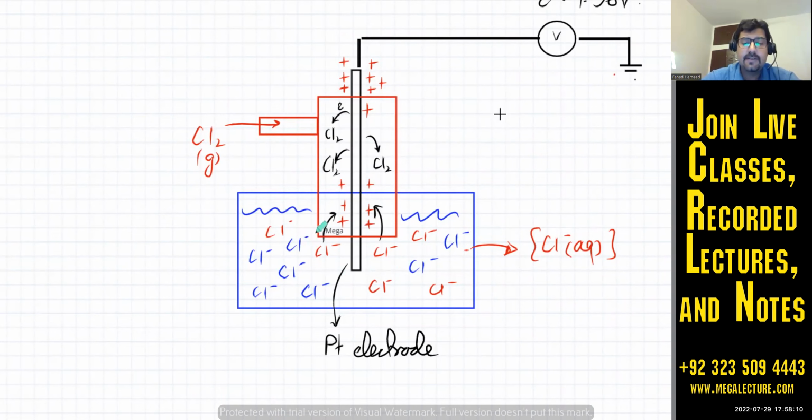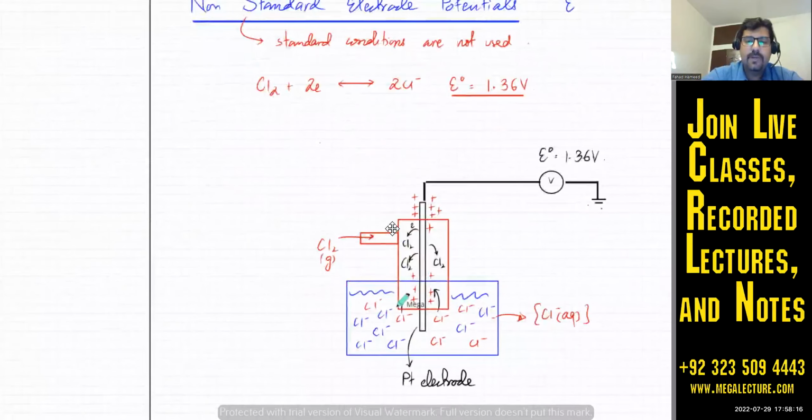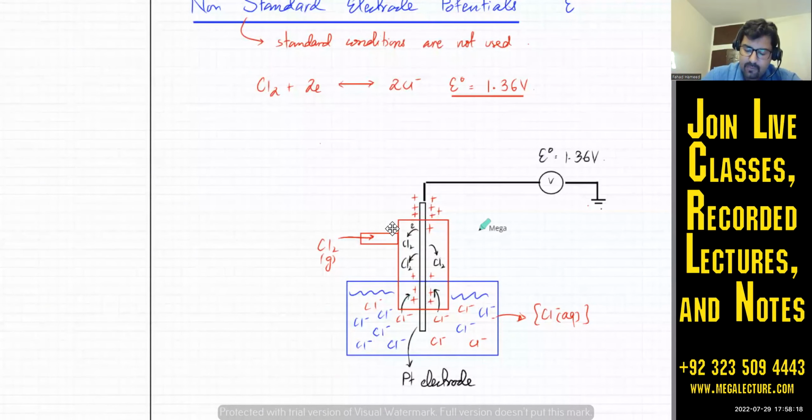So if I increase the concentration of Cl minus 1 ions, then where would the equilibrium shift? If I have more Cl ions, more Cl ions would start losing electrons, right? The equilibrium would shift backwards, and they would start to lose electrons, and your platinum electrode would have more electrons on it, and your potential would decrease. It will become more negative. It's going to become lower.